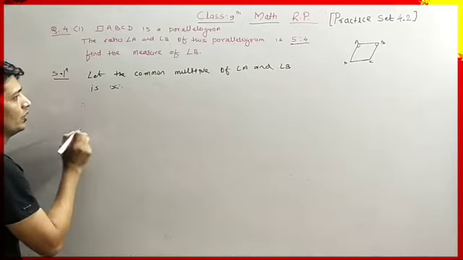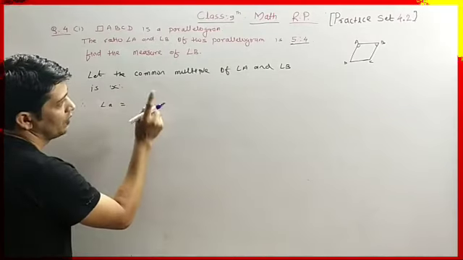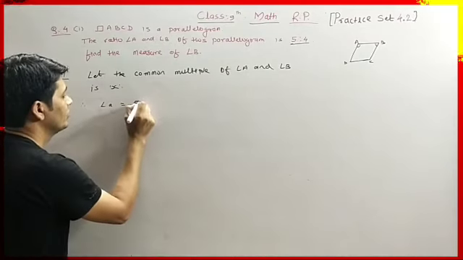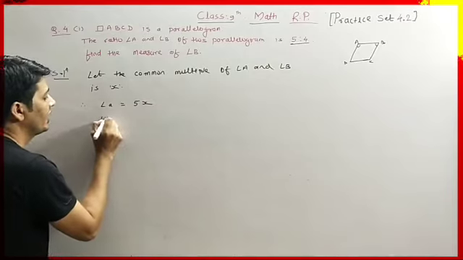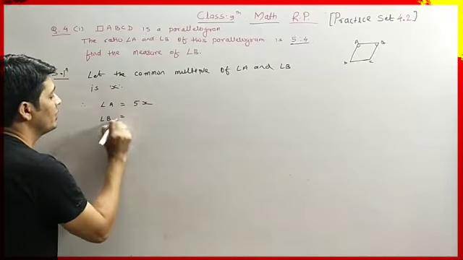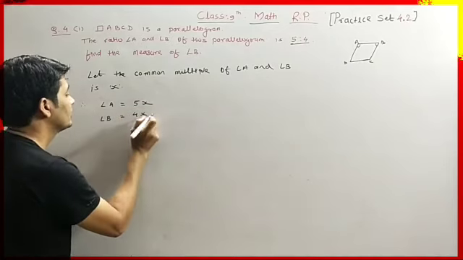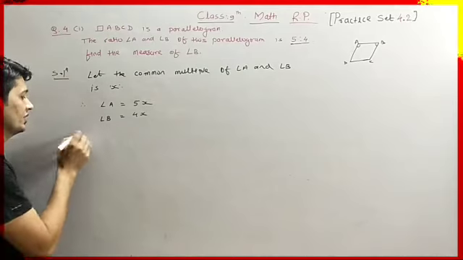Therefore angle A will become 5x and angle B will become 4x.